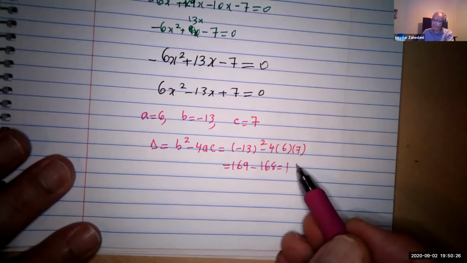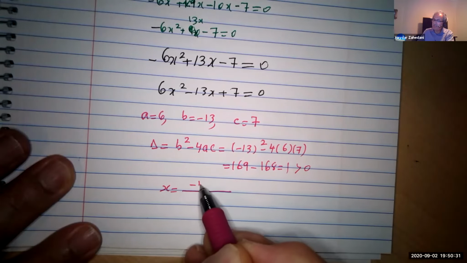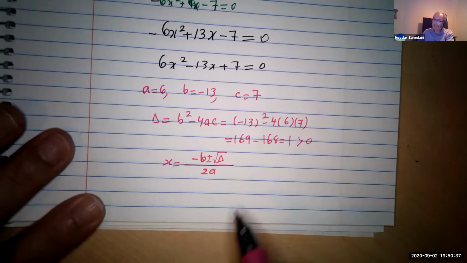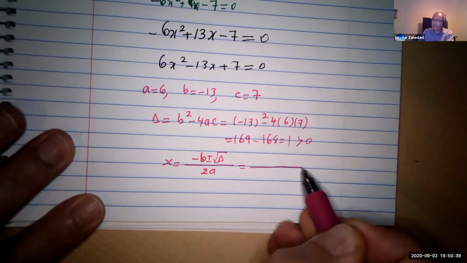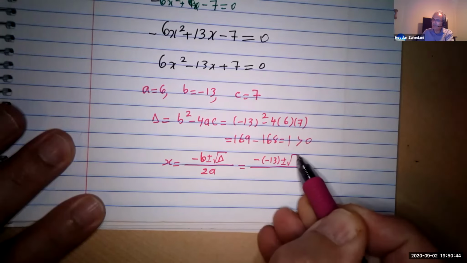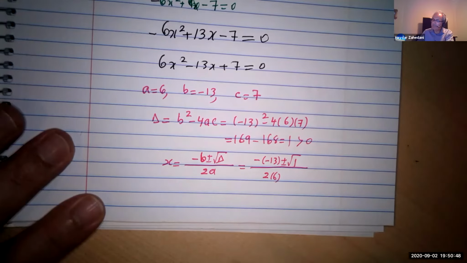So it's a nice number. So your x is equal to negative b plus or minus radical delta over 2a. And if you substitute, it's going to be negative negative 13 plus or minus radical 1 over 2a, which is going to be 2 times 6.